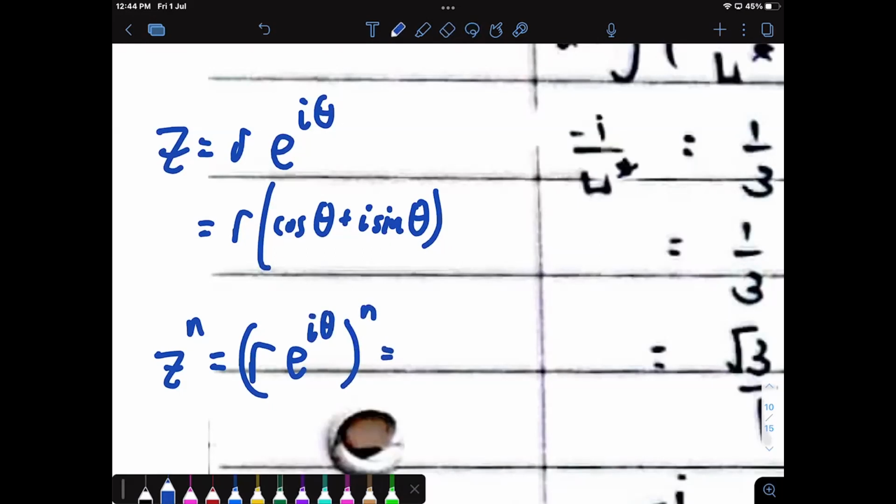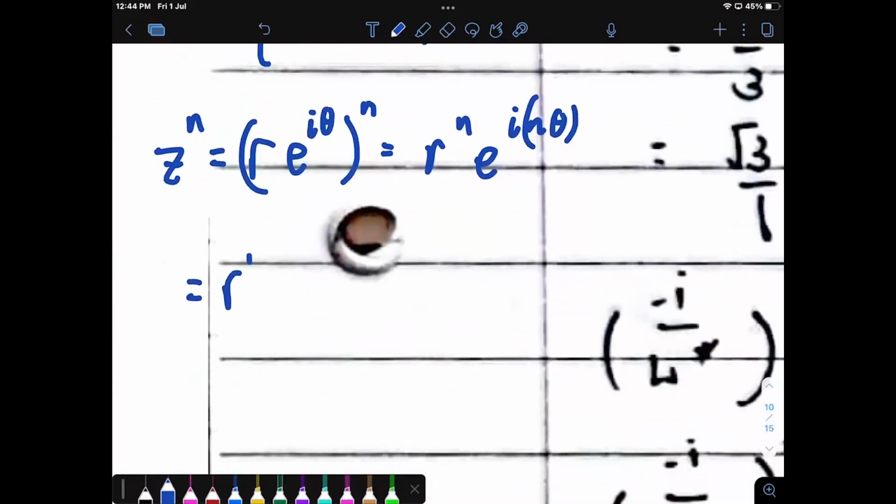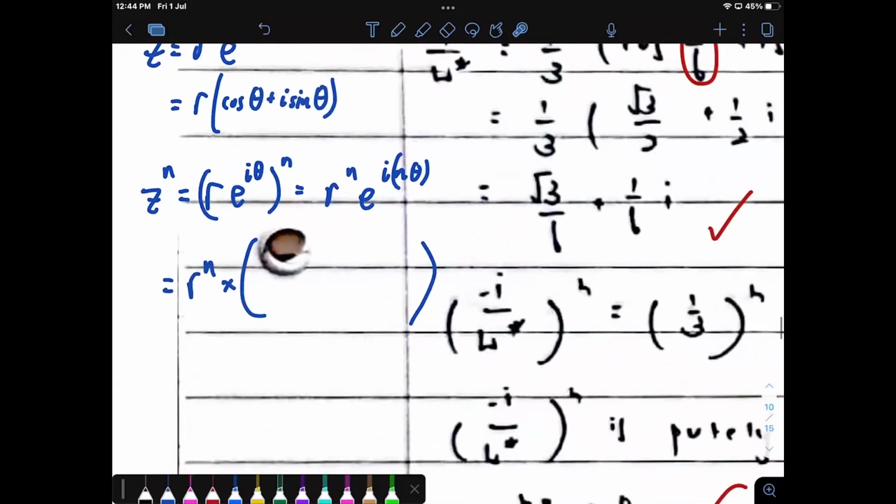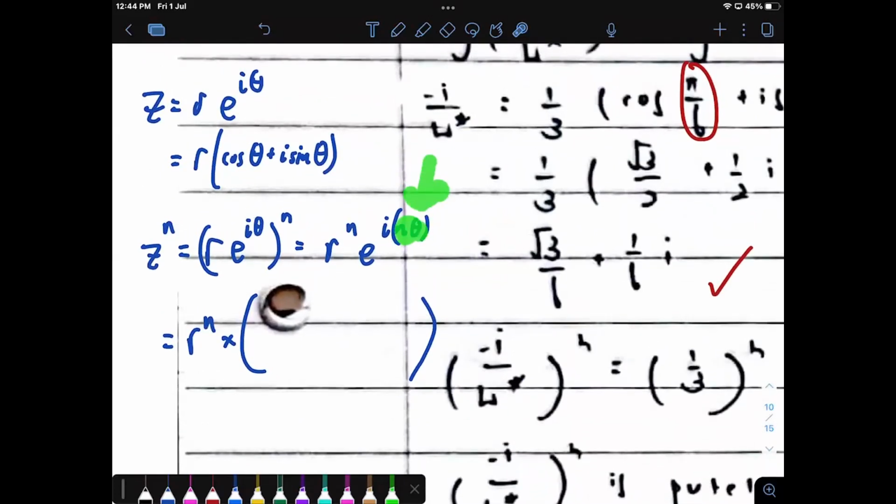Speaking the same language, you get r to the power n times e to the power of i n theta, correct? The angle now is n times theta.